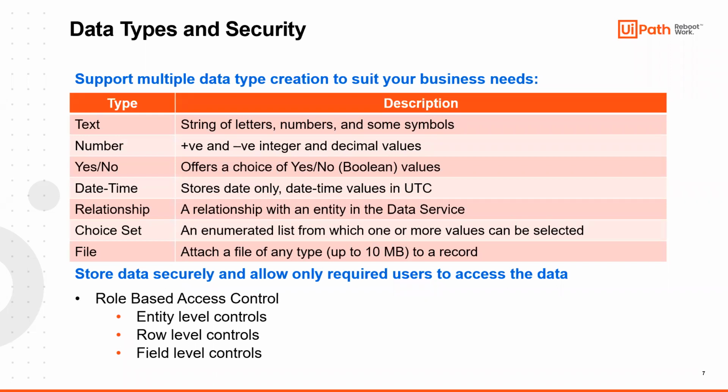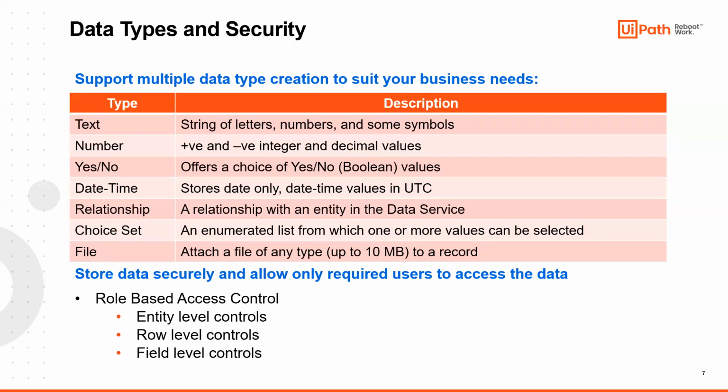Now, this slide basically talks about the different types of data that can be created or used in data service. So data service offers various rich data types like text, number, date, date time, or choice sets, and even relationships, and a few others. Like I said, Anubhav will be soon showing these in the demo.